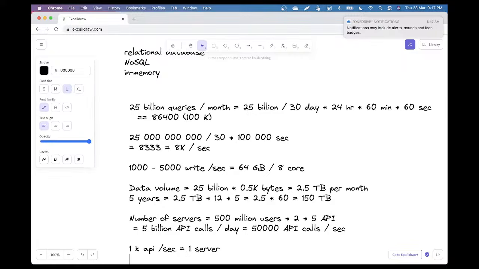You see here, you will need 50 servers to process these many calls.